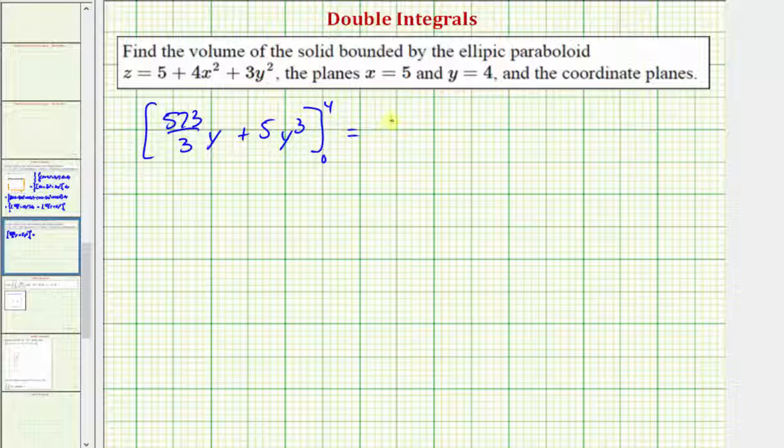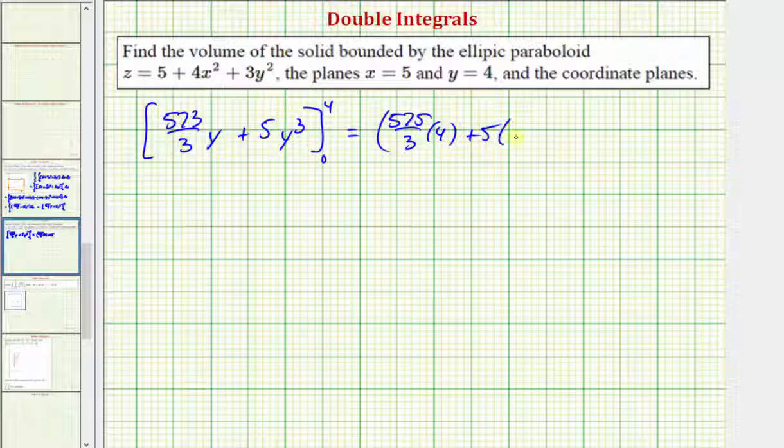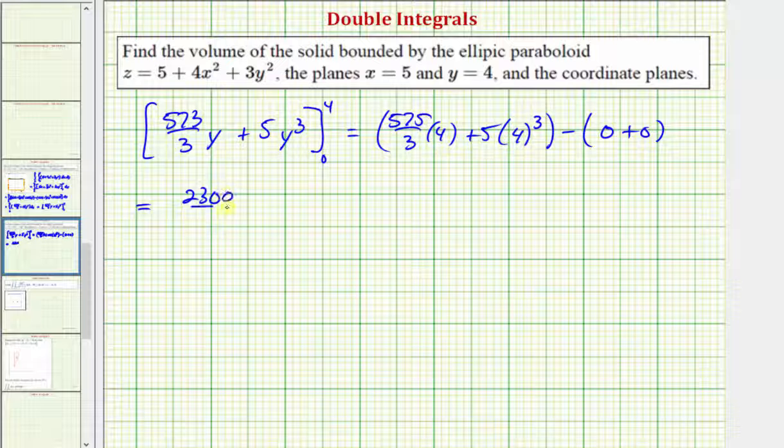So when y is 4, we have 575 thirds times 4, and then plus 5 times 4 cubed. And when y is 0, notice how this would be 0, and so would this. So 575 thirds times 4 comes out to 2300 thirds.